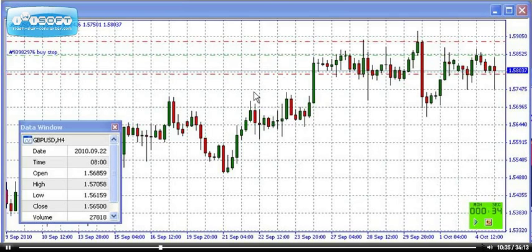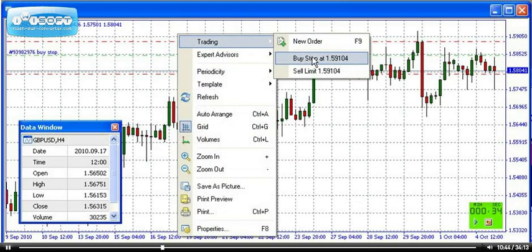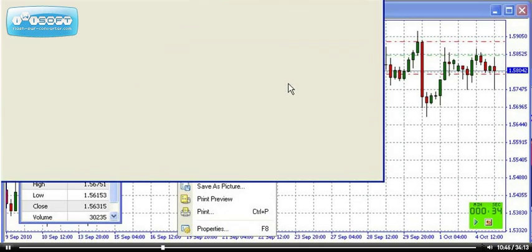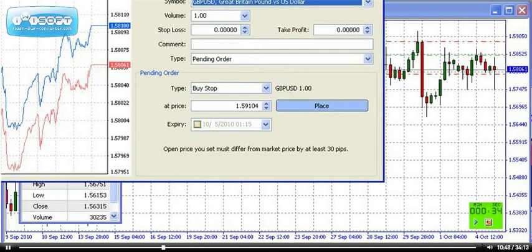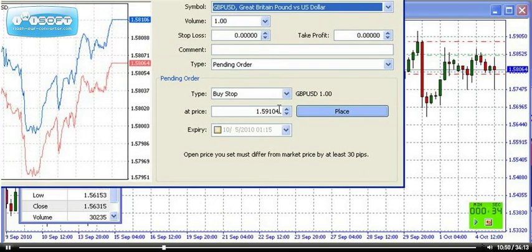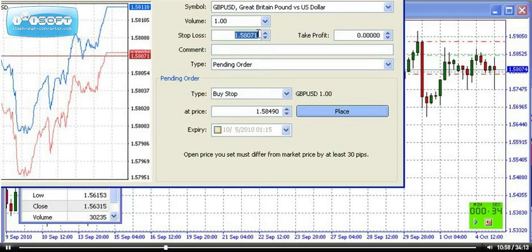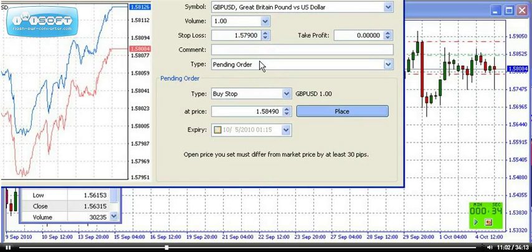With the MT4 platform, which is the one we're looking at, you actually have to do it in 2 steps, which is very easy. You just go right back in, buy stop for a second lot. Same entry price, of course, 58.49. Same initial stop, 57.94.